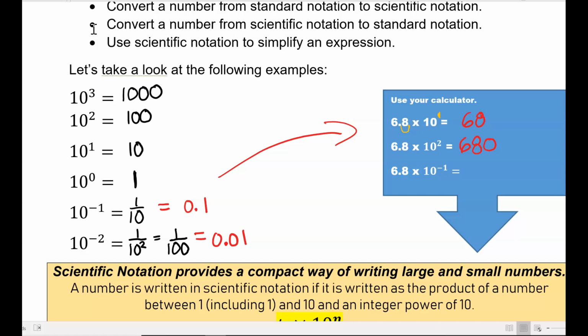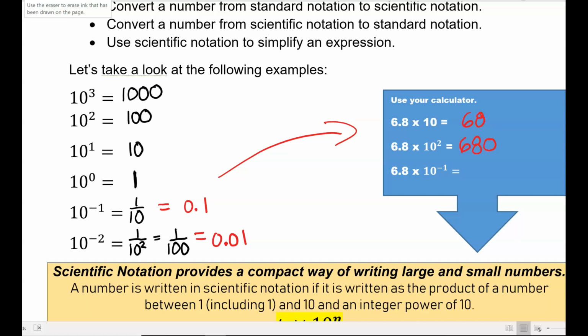Likewise, in the second example, to get to 680, you're moving the decimal 2 places to the right because it's 10 to the second power. Because we had positive exponents, we moved to the right.